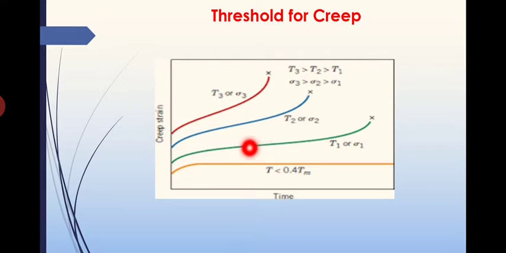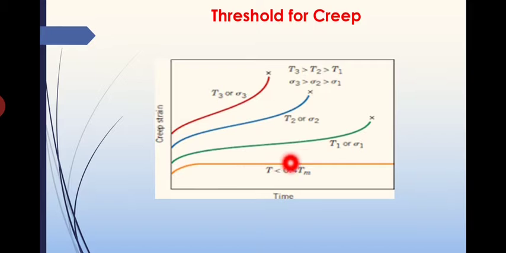From this figure you can see that for a particular time, if I draw a vertical line here for a constant temperature, the strain rate is gradually increasing with respect to temperature as well as stress. Here this curve has almost zero strain rate, or slope.